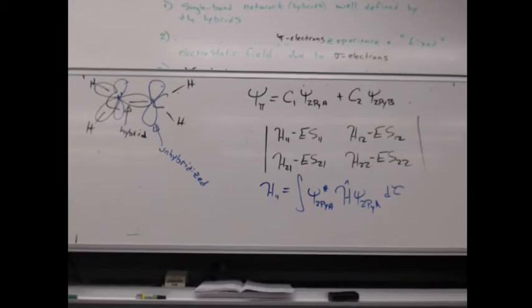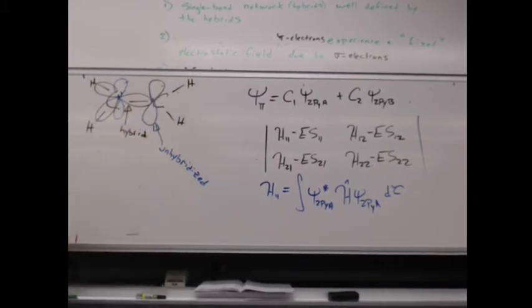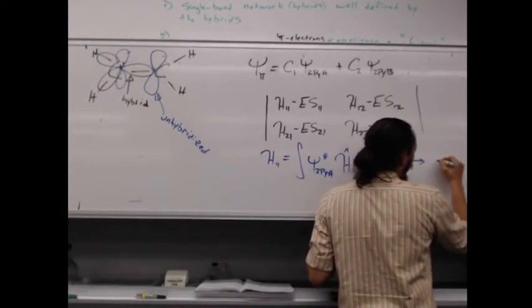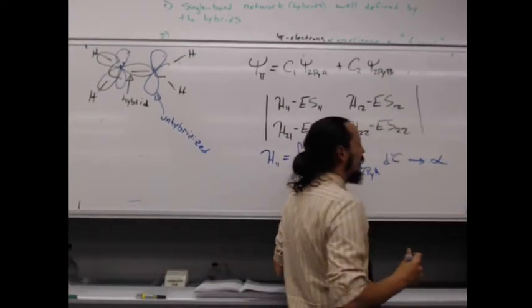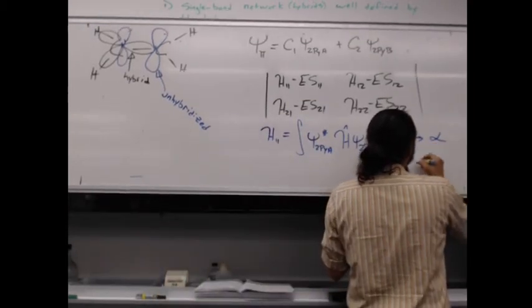Writing down this integral, writing down this Hamiltonian, is going to be quite a bit more complicated, which shouldn't be that surprising to us because we have a lot of electrons in that sigma network. Still, we just set this integral equal to something that we're going to solve later, which is going to be called alpha.